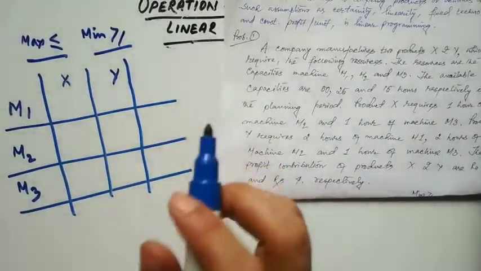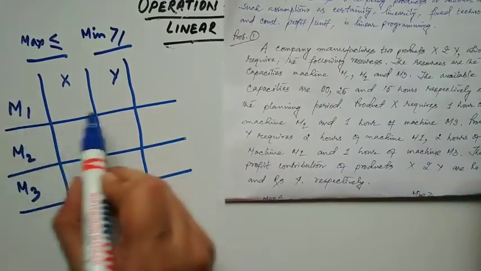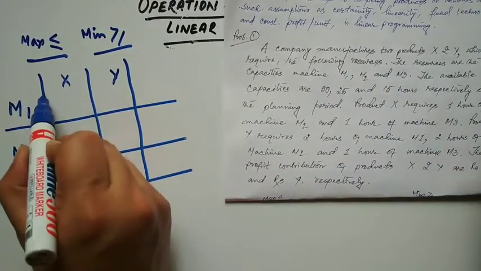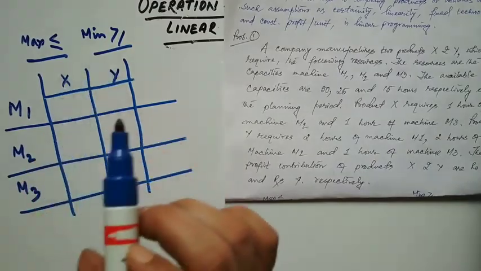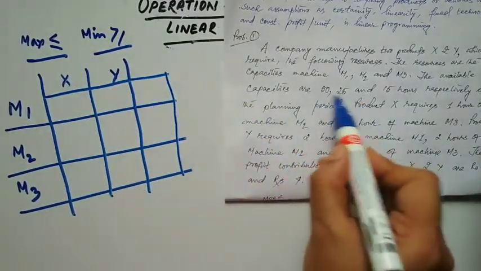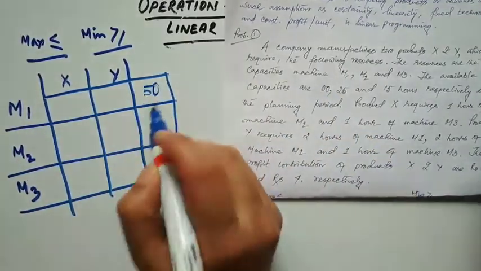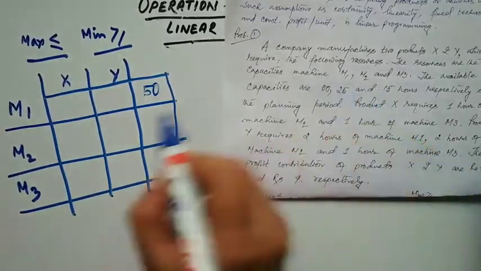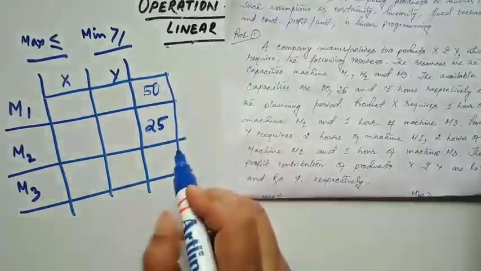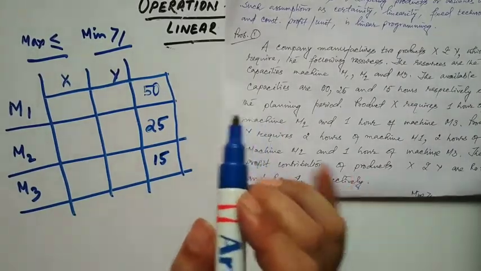Look, 50, 25 and 15 are the maximum capacities of M1, M2 and M3, and X and Y are the products. So the next step is you have to write it over. For M1, 50 is given, so just write it over here. Next 25 is given, so just write 25. Next 15 is given, so just write 15. Okay, next step.